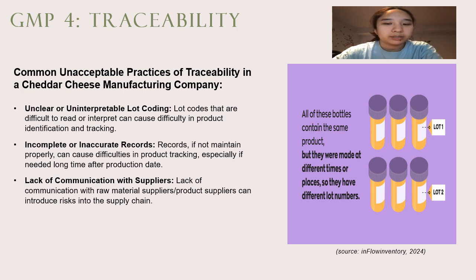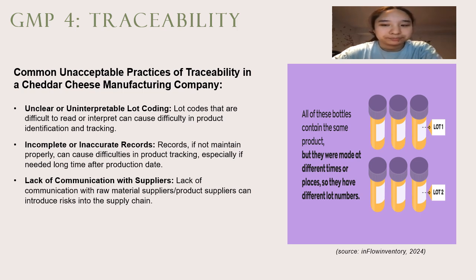And last but not least is lack of communication with your supplier. Lack of communication with the raw material suppliers or any product supplier can introduce risk into the supply chain.